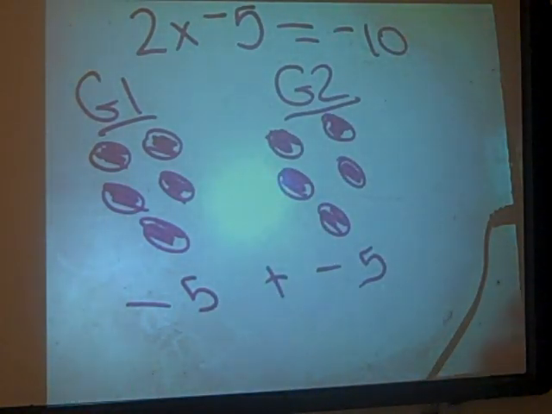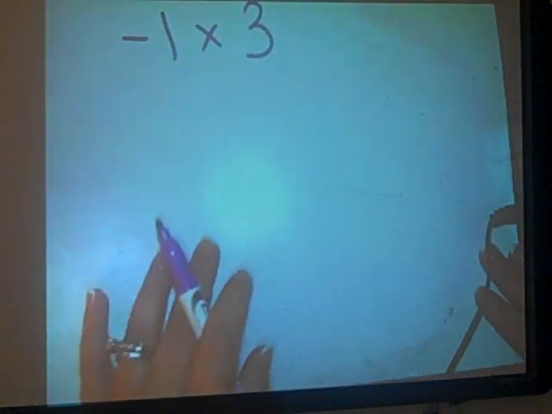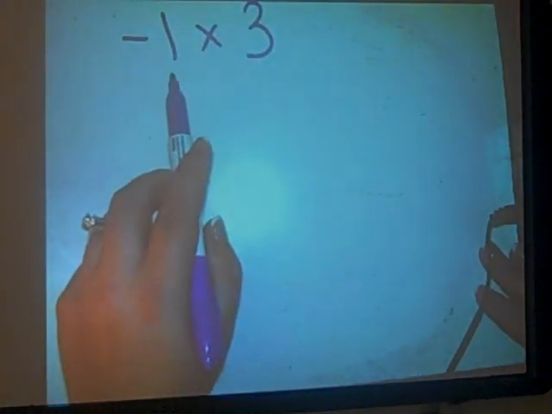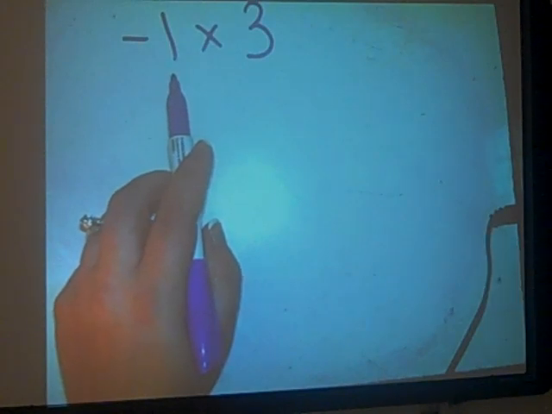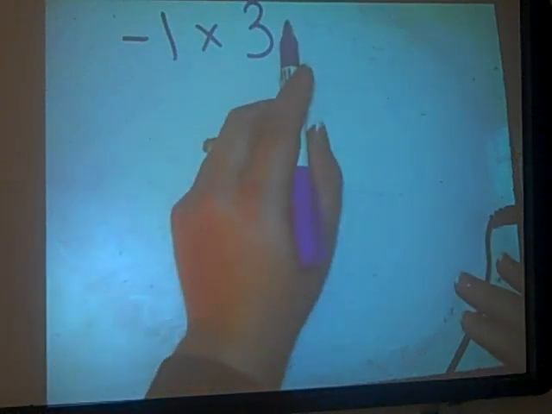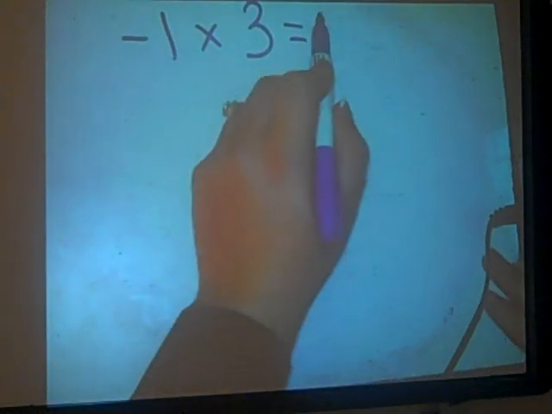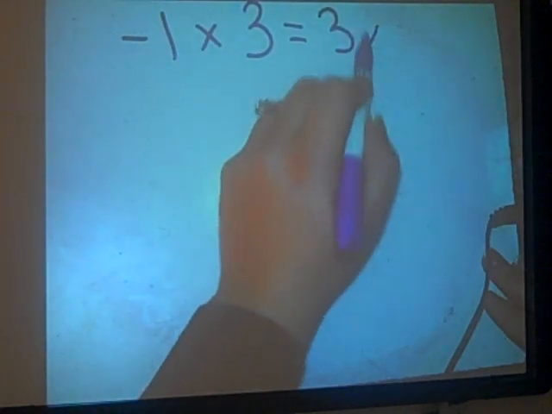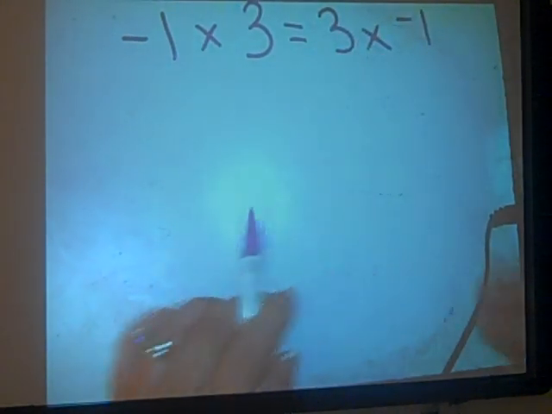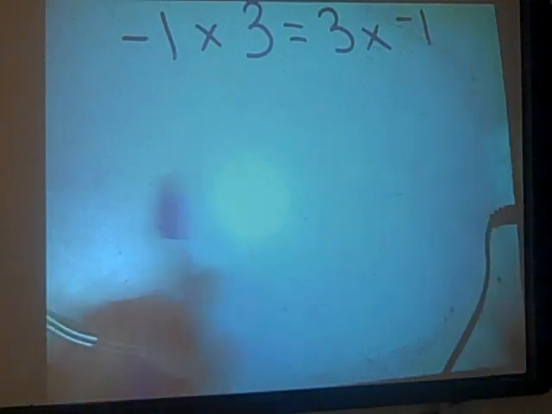Let's look when we have a negative number of groups and see what we need to do. So this would indicate that we would have negative 1 groups. But it's impossible to have a negative amount of groups. So we use the commutative property to change the order. And so that basically means we're going to flip the numbers around. So our 3 will appear first, then our times, and then our negative 1. So it's now going to be 3 groups with negative 1 in each.